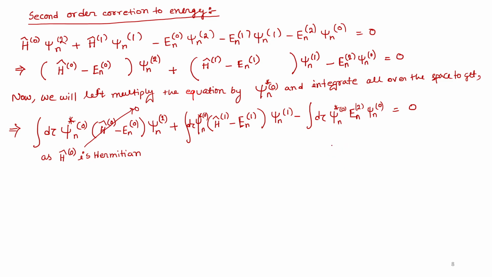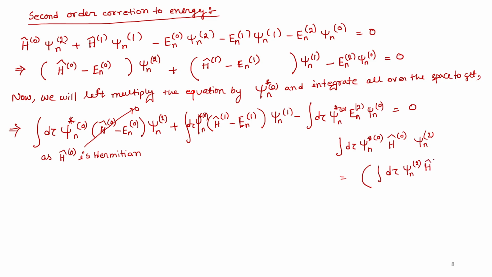I hope you understand what I'm trying to say, because see, d tau psi star 0, what does it mean? H0 psi 2 will have d tau psi 2, from the mathematical definition of a Hermitian operator.